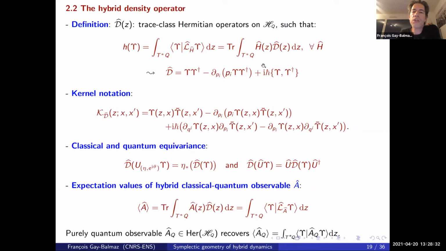A quick computation gives us this expression. Here you recognize the same structure as the classical density earlier in the KvH equation. You have some natural expression modified by a divergence term, which appears in two pieces: some contribution of the canonical one form as before, and some contribution of the Poisson bracket of the hybrid wave function and its adjoint.